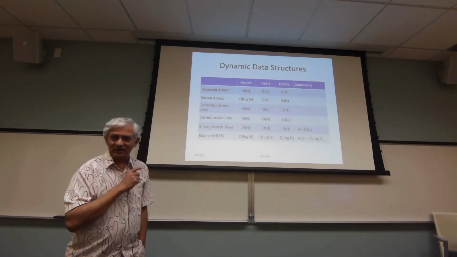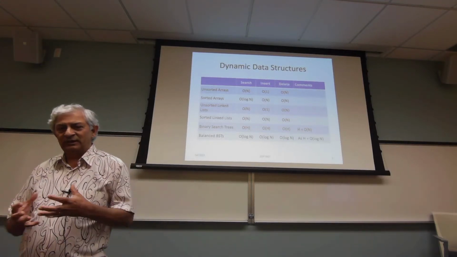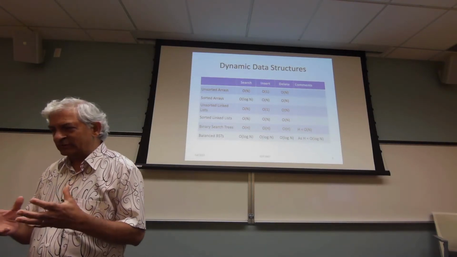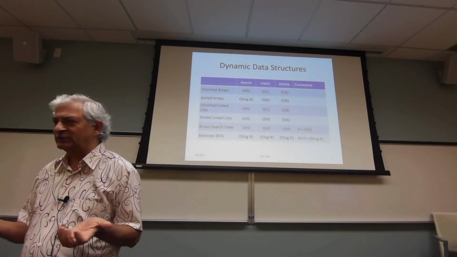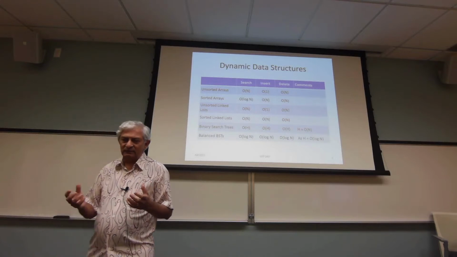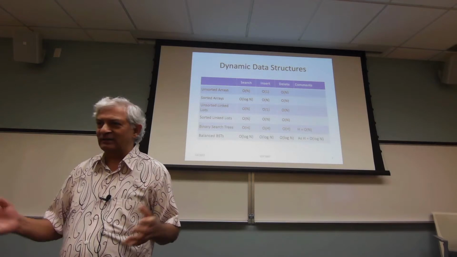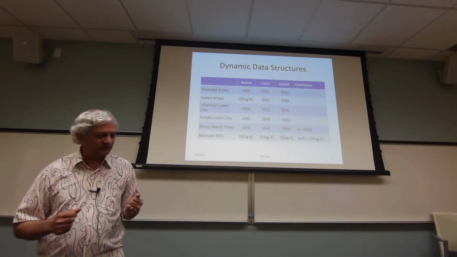Let me restart this. So we're talking about something called dynamic data structures. A dynamic data structure is a data structure that's constantly changing. Most of you are used to things like arrays and linked lists and trees and such.